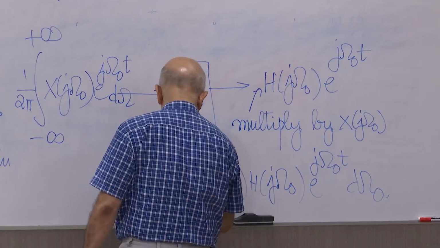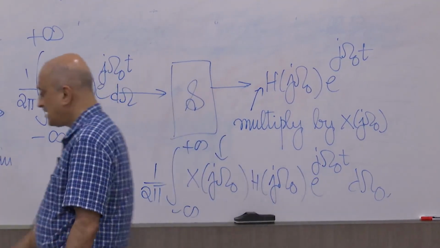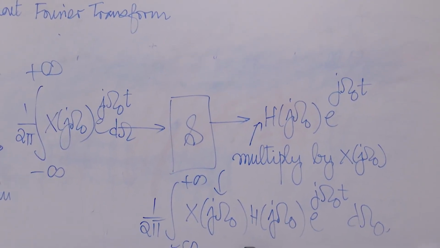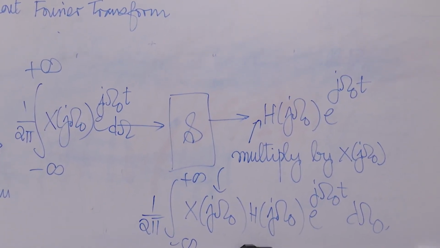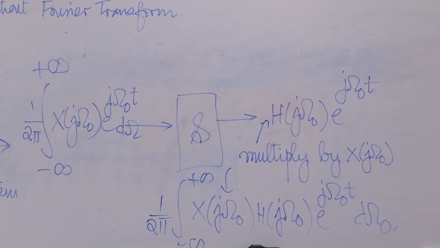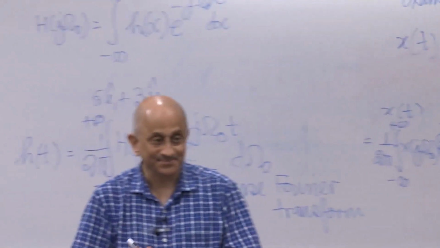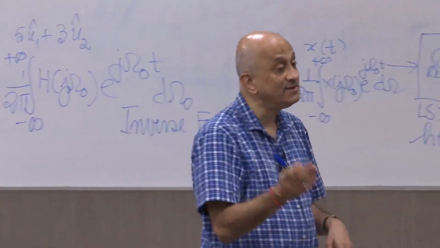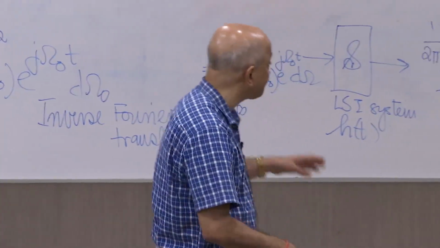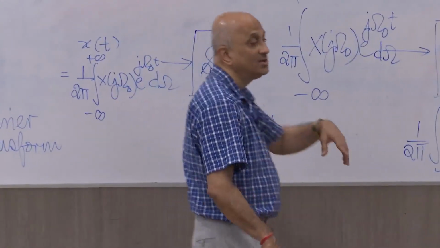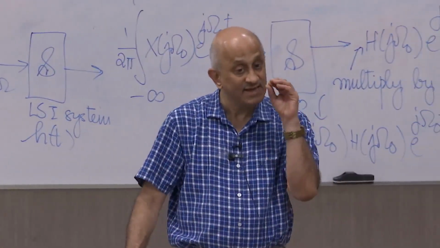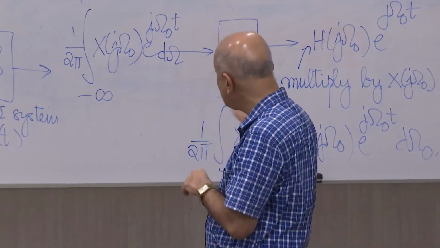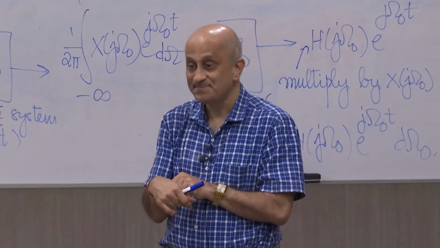You agree with me? So I have invoked linearity. Here shift invariance has already been invoked when I looked at what happens to one phasor. So I am not explicitly invoking shift invariance again, right.